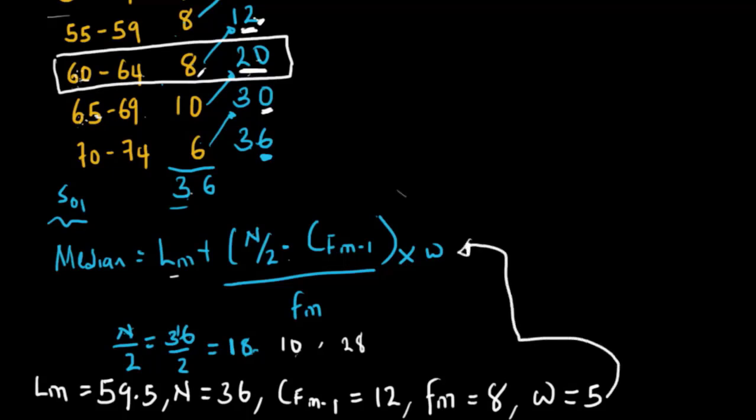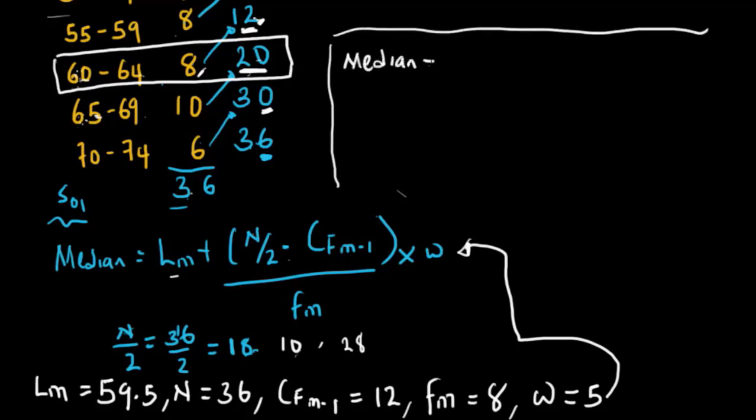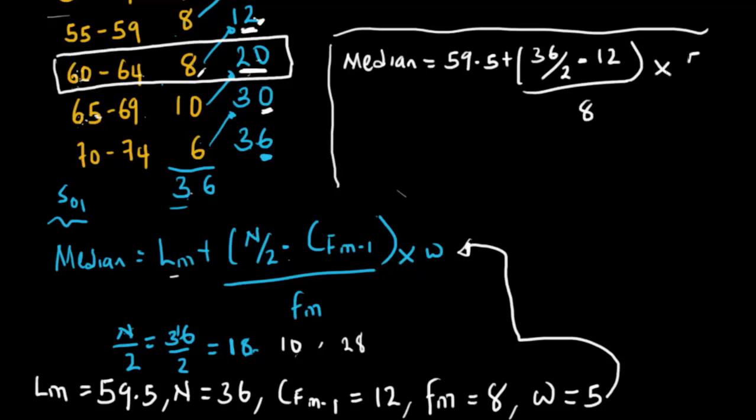So median equals LM is 59.5 plus n is 36, so we have 36 over 2 minus CF m minus 1, which is 12, all over FM, which is 8, then times the width, which is 5.